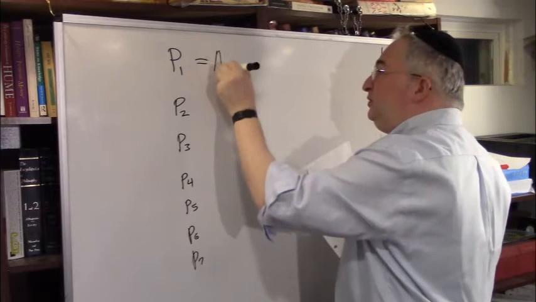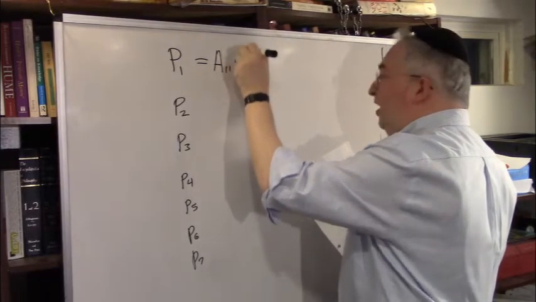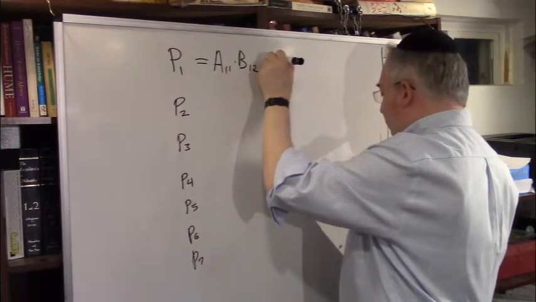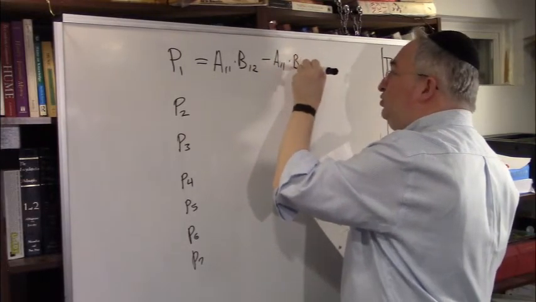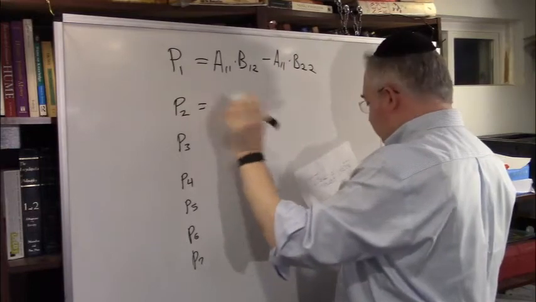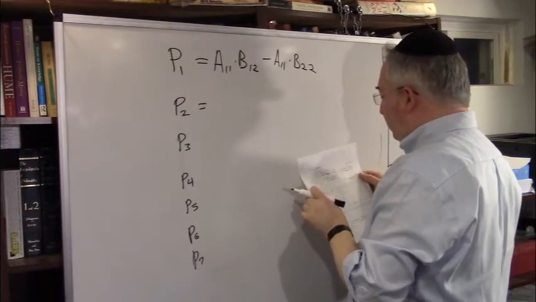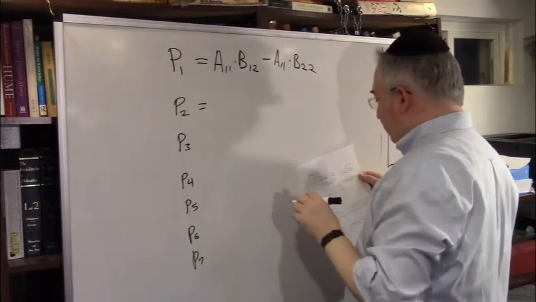He said P1 is equal to A11 times B12 minus A11 times B22. Don't try to think about what it is. Notice the minus.